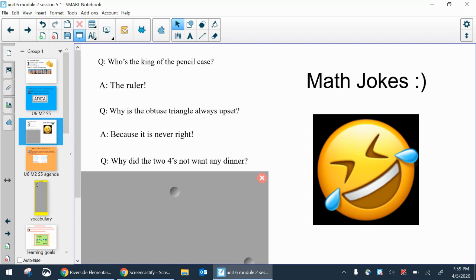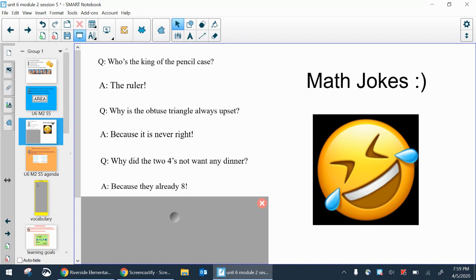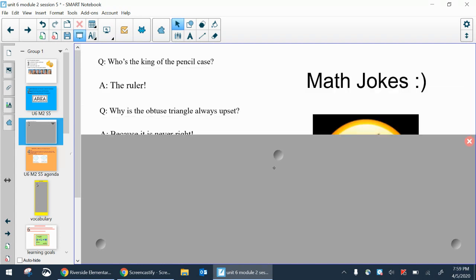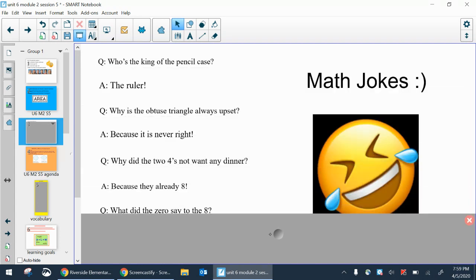Why did the two fours not want any dinner? All right, let's see what the answer is to that joke. Because they already ate. And I did save the last joke for last. Here's the best one of them all.